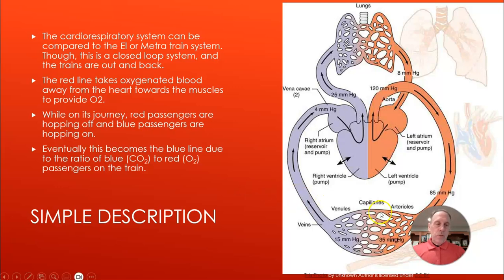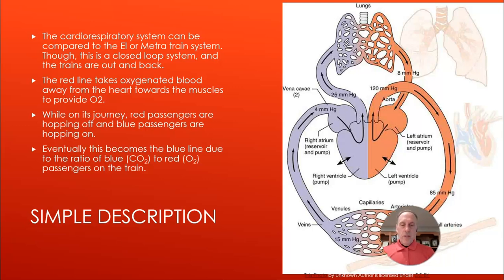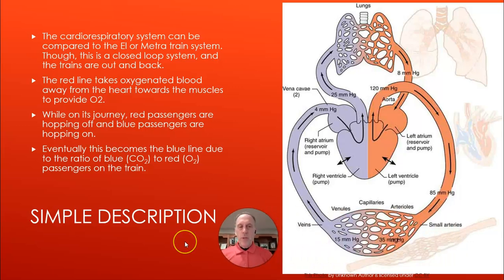Very, very loosely explained here. This is the way I describe it to my clients when they're winded, and I describe to them why they're winded when they're working out. The whole system can be compared to the L and the Metro train system, though the cardiorespiratory system itself is a closed loop system, delivering blood out and receiving blood back.